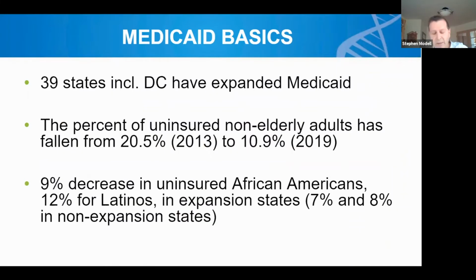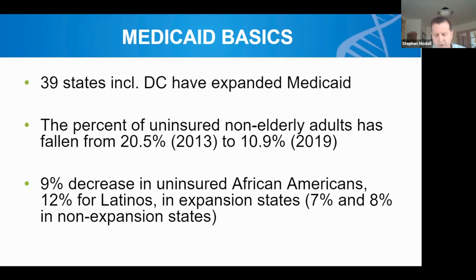Here we have some Medicaid basics. The kernel is that individuals with an annual income of $16,000 or less, or families up to 4 members with a cumulative annual income of $33,000 or less are eligible for Medicaid in Michigan. The exact numbers vary depending upon the state. 39 states, including Washington, D.C., have elected to expand Medicaid so far.